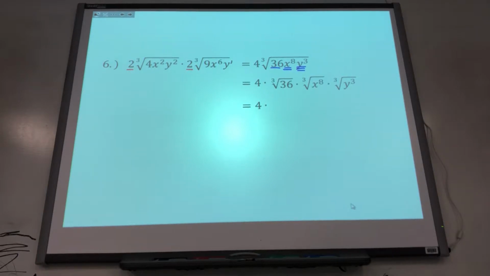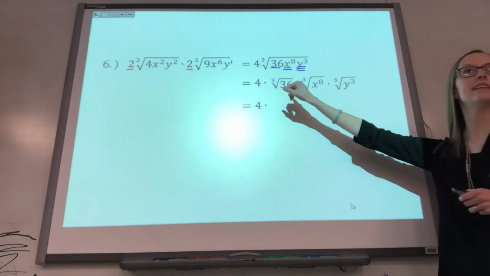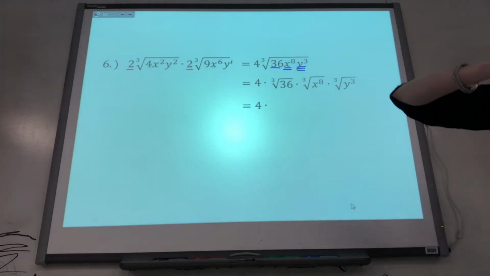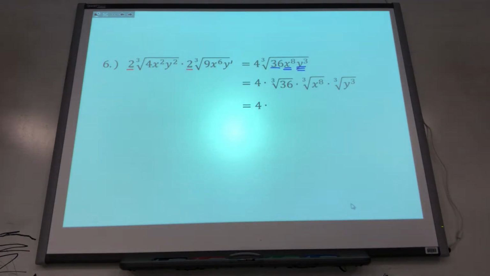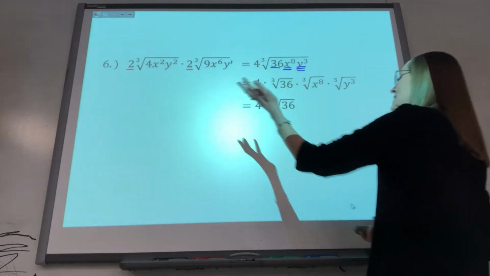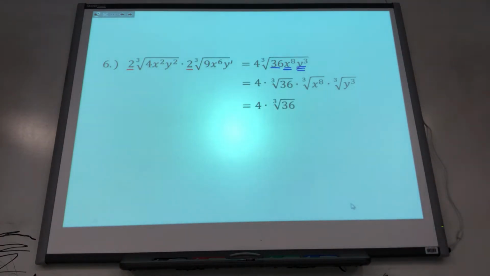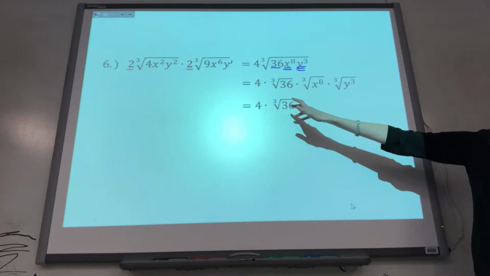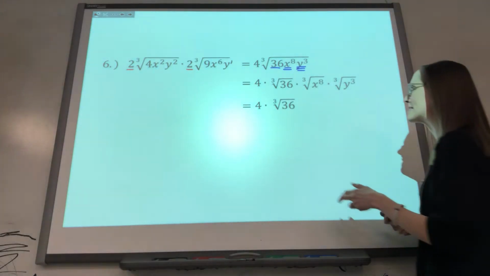Are there any nice cube roots that would go into 36? If you don't have your list in front of you, you've got cube root of 8, cube root of 27. Those are really the only options less than 36, and neither one of those work. So that's kind of a big number, but we have to just leave that part alone. You can't break down a cube root of 36.